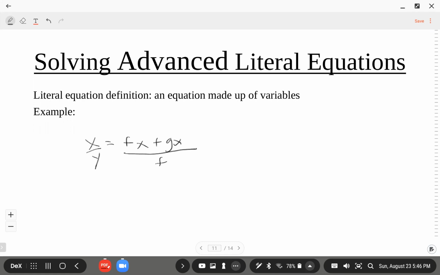So let's see. It's made up of all variables, has an equal sign, so it's a literal equation, okay? And sometimes it can also contain numbers, right? Let's say f divided by 3 plus g divided by 3 equals x. Okay, that's also a literal equation. So sometimes it can contain numerals.